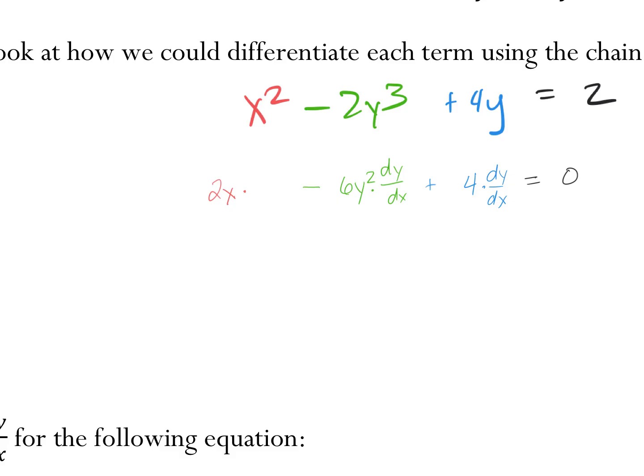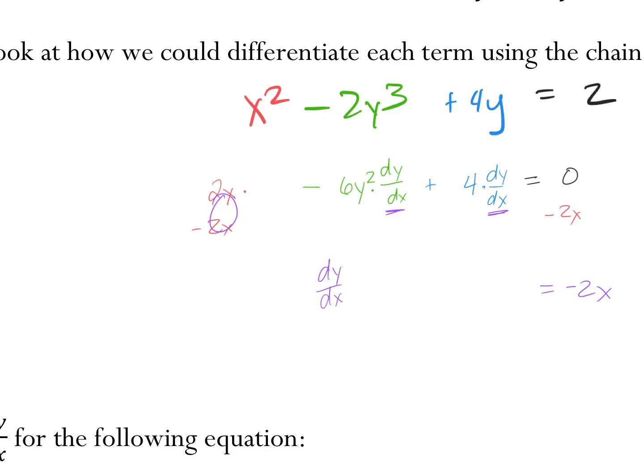So now if I want to find dy dx, the next thing I need to do is isolate dy dx. To do that, I'm going to subtract the 2x from both sides first. And then I'm going to recognize that on the left, after I subtract that 2x, both the remaining terms have dy dx.